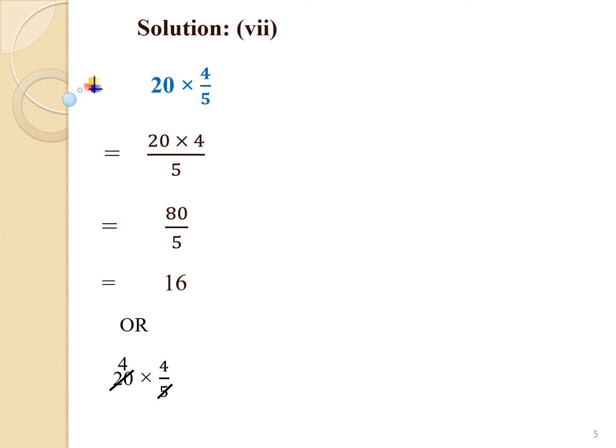So, cancelling the given number 20 and writing 4. Now, multiplying 4 by 4, we get 16. Thus, 20 into 4 upon 5 is 16.